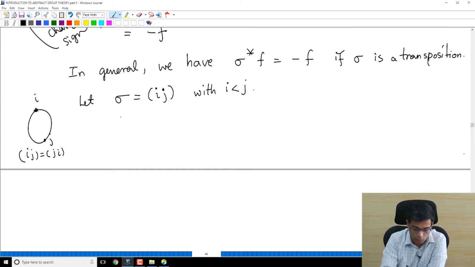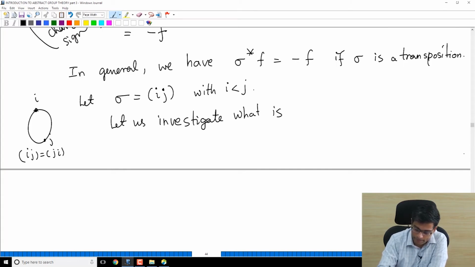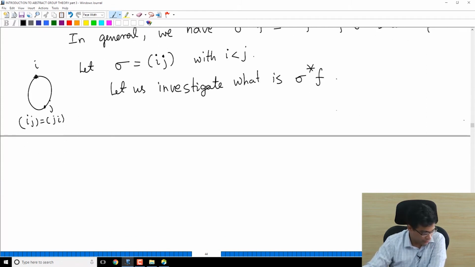And now let us investigate what is sigma star f. This requires us to investigate what is sigma star of a particular term in f.